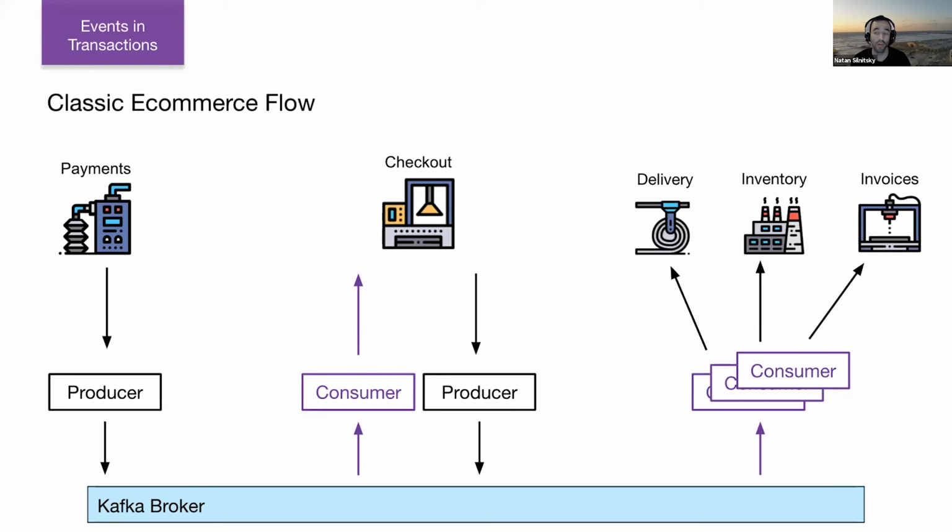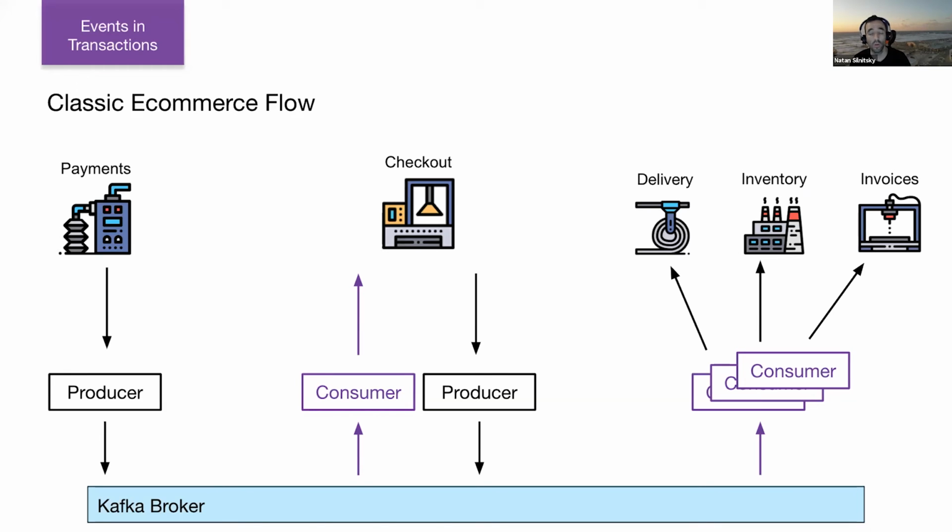Now we have a lot of other e-com services that are interested in this event. We have the delivery service that, now that the order has completed, needs to deliver the items found in the order. Inventory is definitely very interested in consuming this event because it needs to reduce inventory per each item that has been paid for. And the invoices service is also interested because it needs to send out invoices for each of these completed orders.